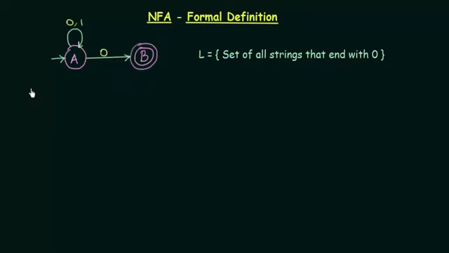So just like DFA, NFA also is defined using 5 tuples, which are Q, sigma, Q naught, F, and del. Using these 5 tuples, we can define our NFA. And what are these? Let me write it down. It is almost the same as DFA.